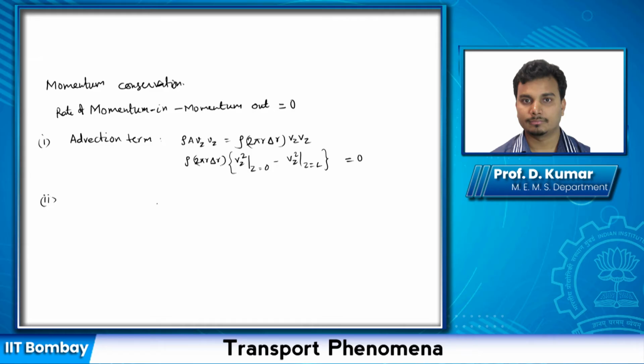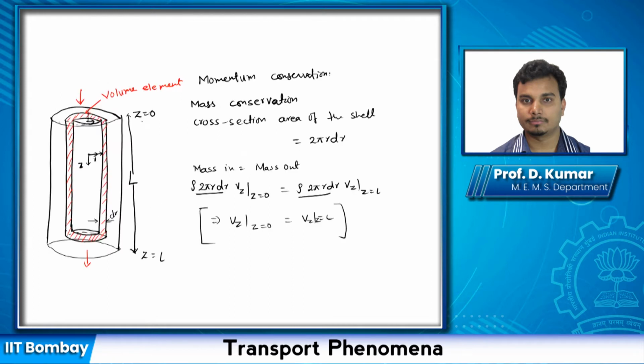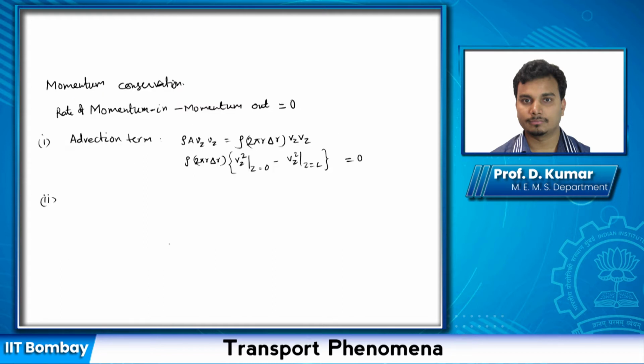So now the next one is pressure. Here you will have some pressure P1. Here you can say P0, P1, or P1, P2. So let's say we call it at Z equals 0 as P0, and here we call it PL. Because of pressure there will be some term.